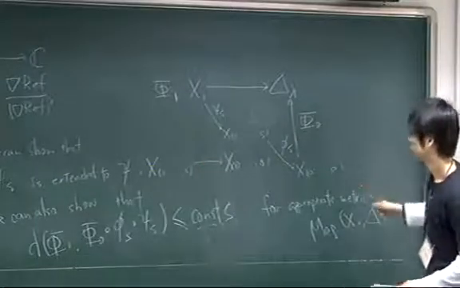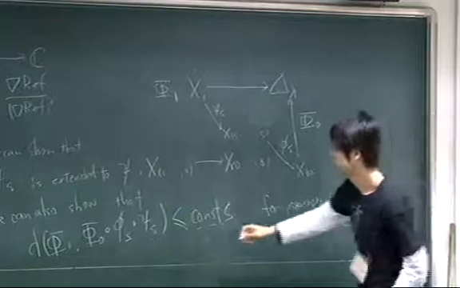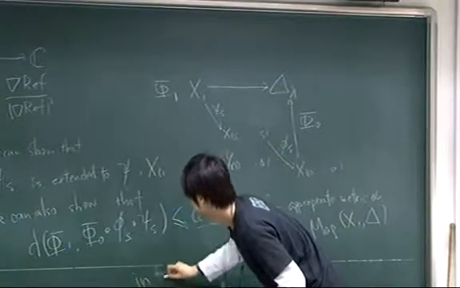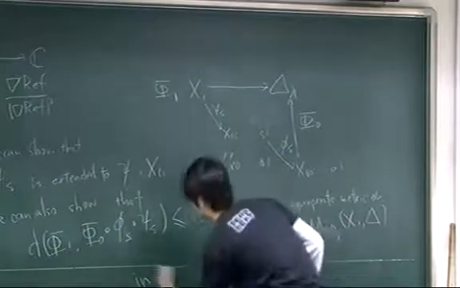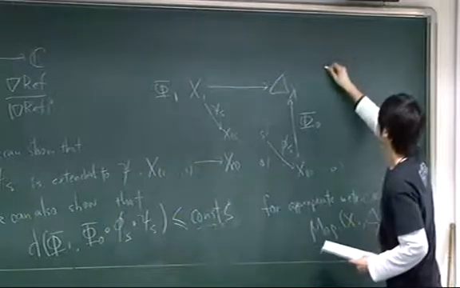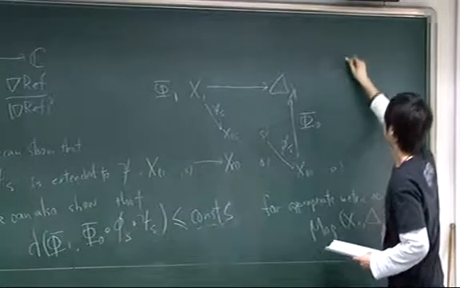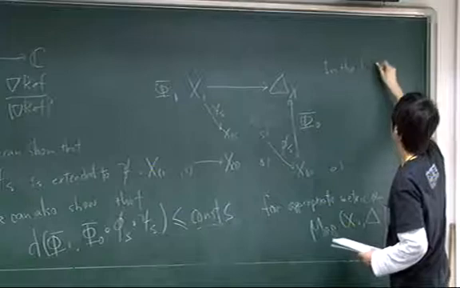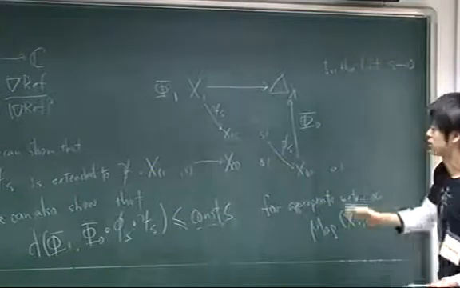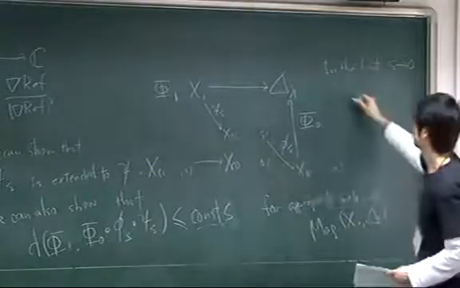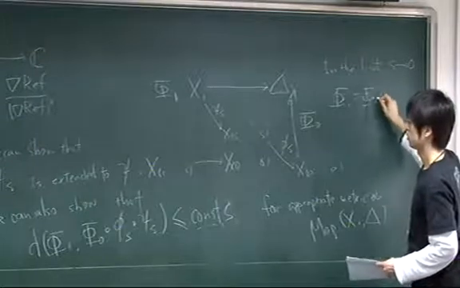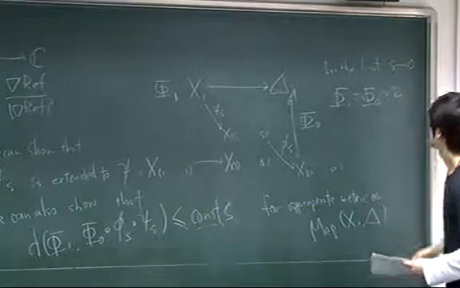And so in the limit case, as s goes to 0, we also have a map phi, then phi 1 equals phi 0 and psi.